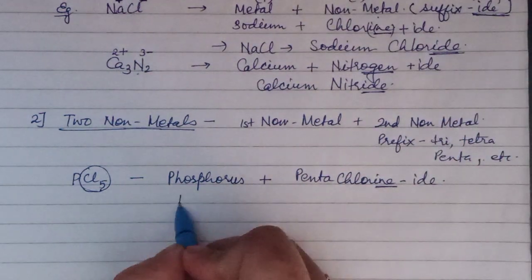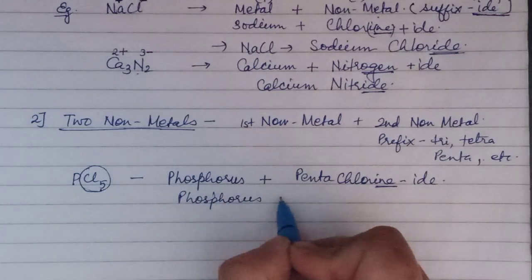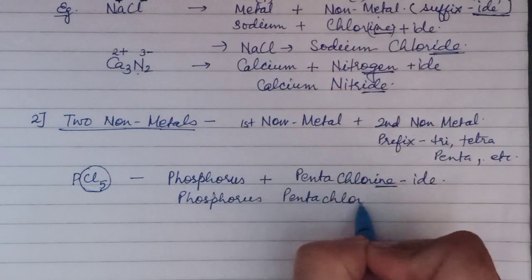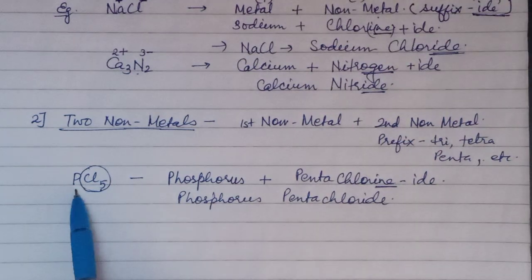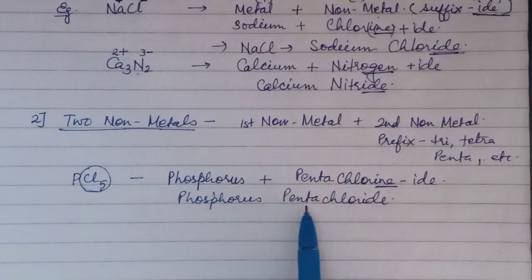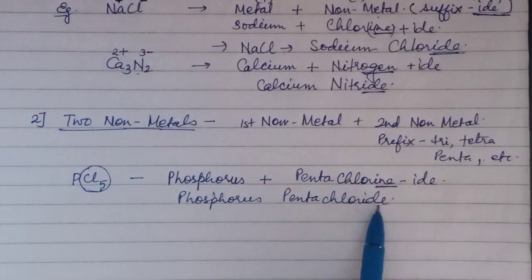Now the name will be phosphorus pentachloride. Clear? If both elements present in the formula are non-metals, then the first name remains the same. For the second name you add a prefix if they have, and the non-metal will end with IDE.